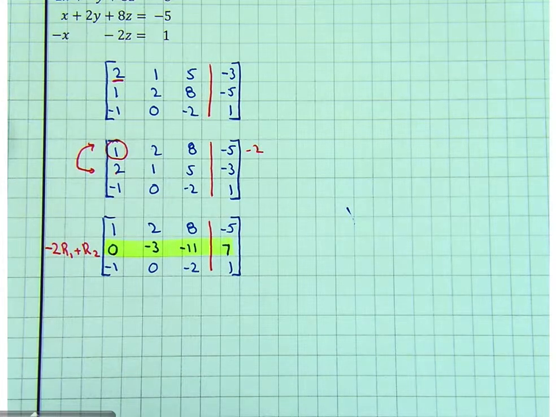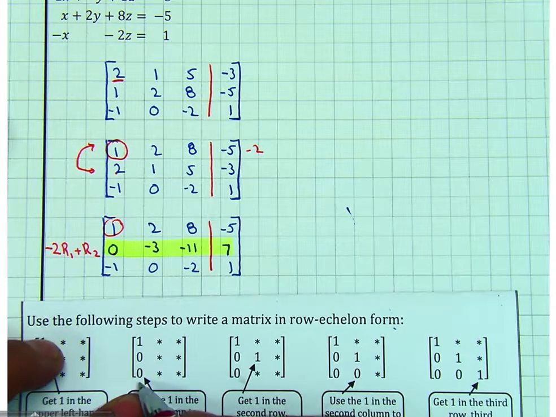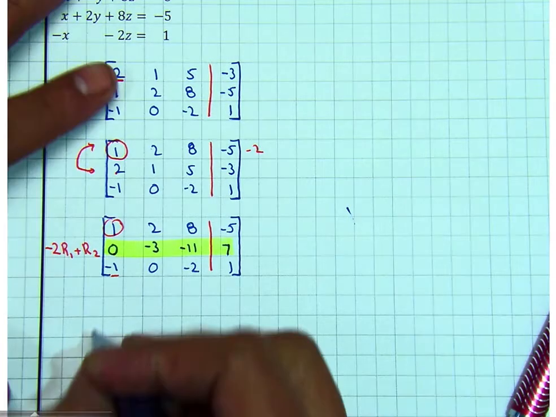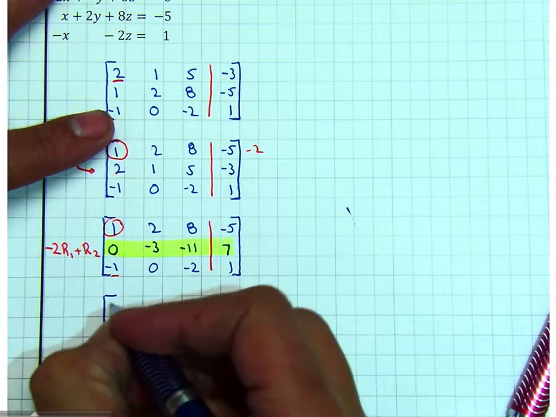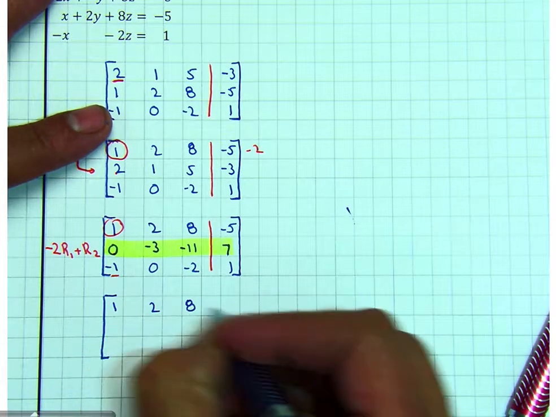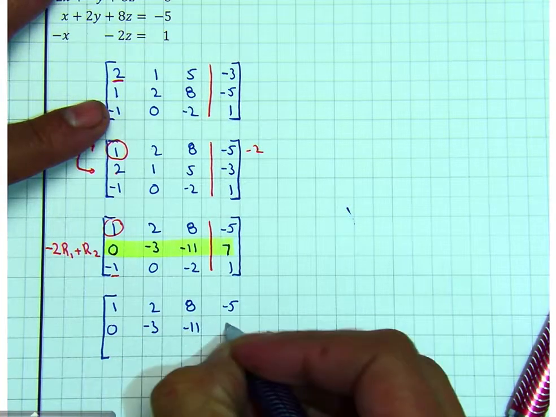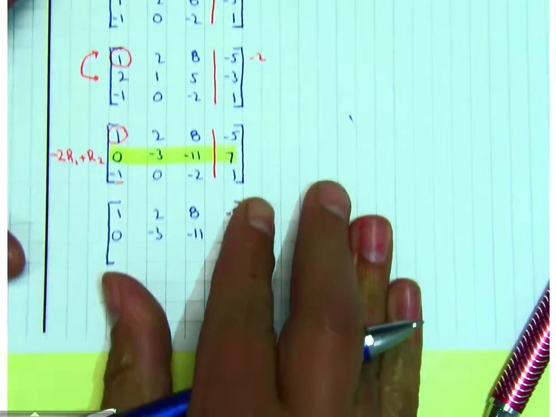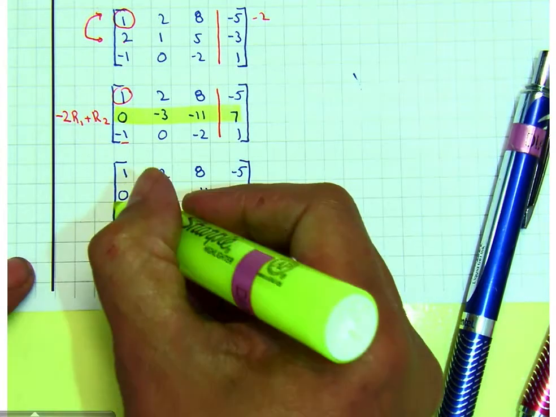Next, I'm still on step number 2. I'm going to use this 1 to make this a 0. So how can I do that? That means I'm only going to change row 3, which means that row 1 will stay exactly the same. Row 3 is the one that's going to change.